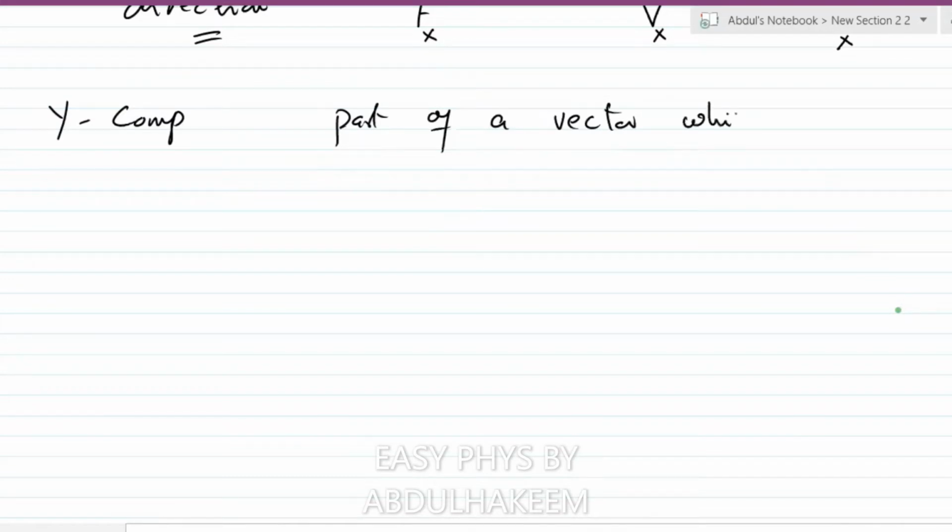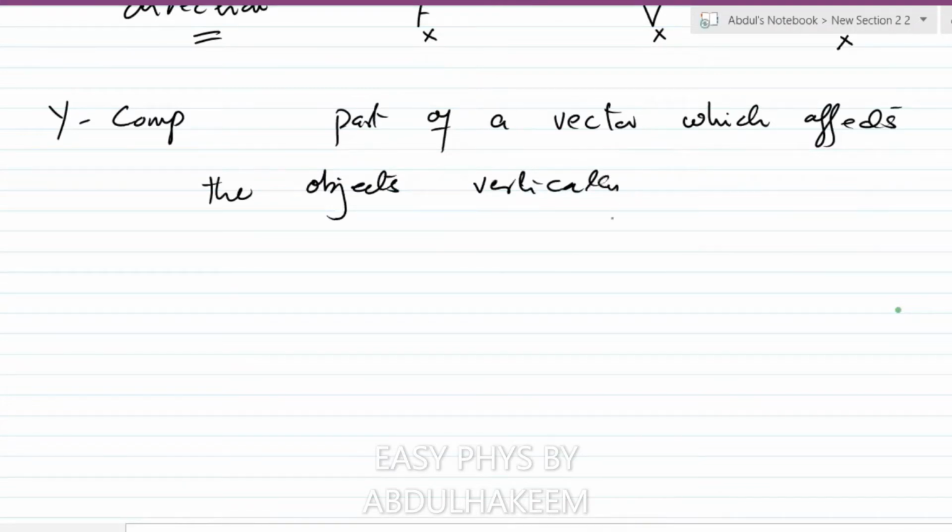Similarly, there is another component which is called the y component. The part of a vector which affects the object vertically is called the y component. For example, Fy, velocity y, acceleration y, and so on.